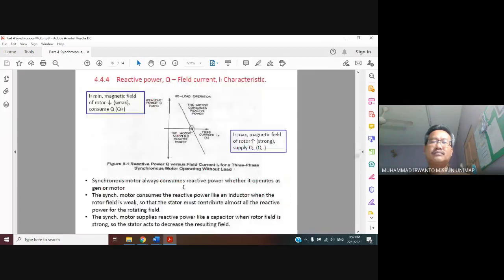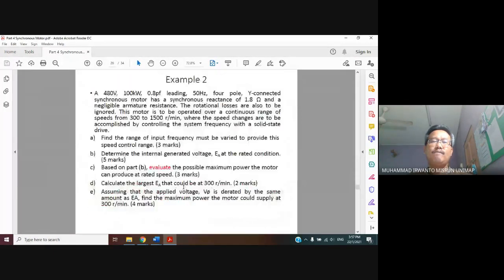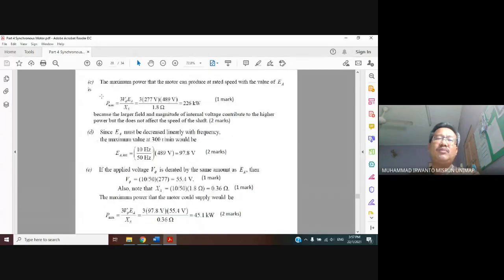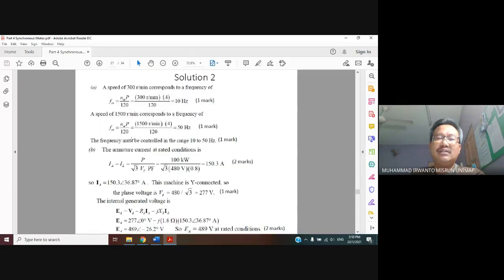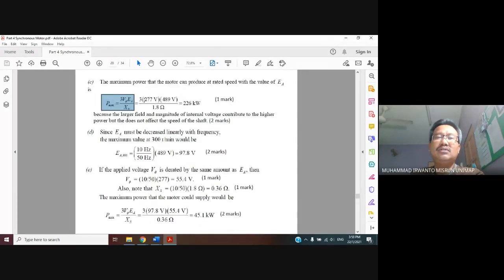The phase voltage has been calculated: 277, and EA is 489. So 3 multiplied by 277 multiplied by 489 over 1.8 gives 226 kilowatts.